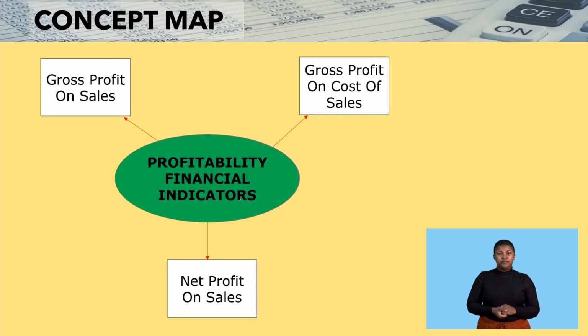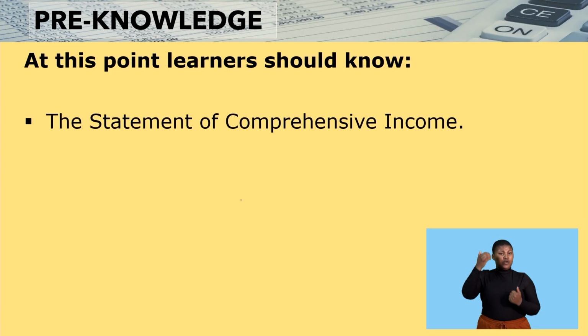At this point, you should already know the statement of comprehensive income. Remember, when we would record our sales, cost of sales, get gross profit, then we'd record our other operating income. Then we would come to our operating expenses until we get to net profit. That is the statement of comprehensive income.